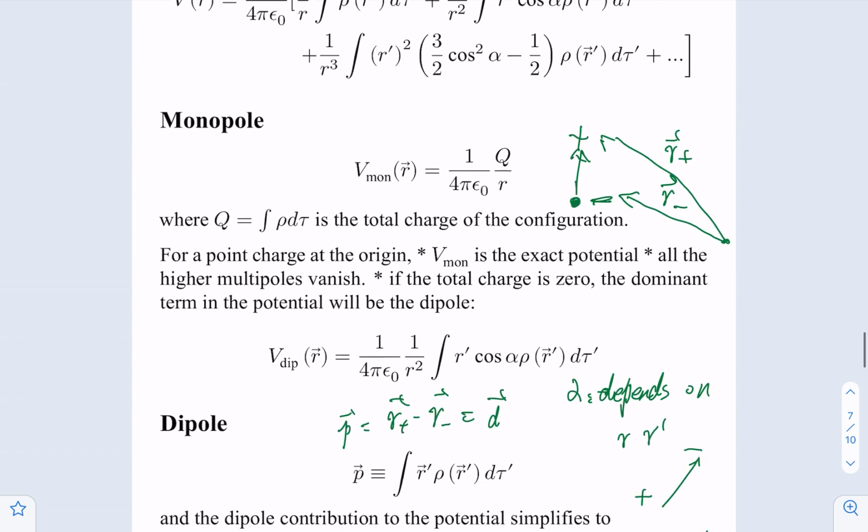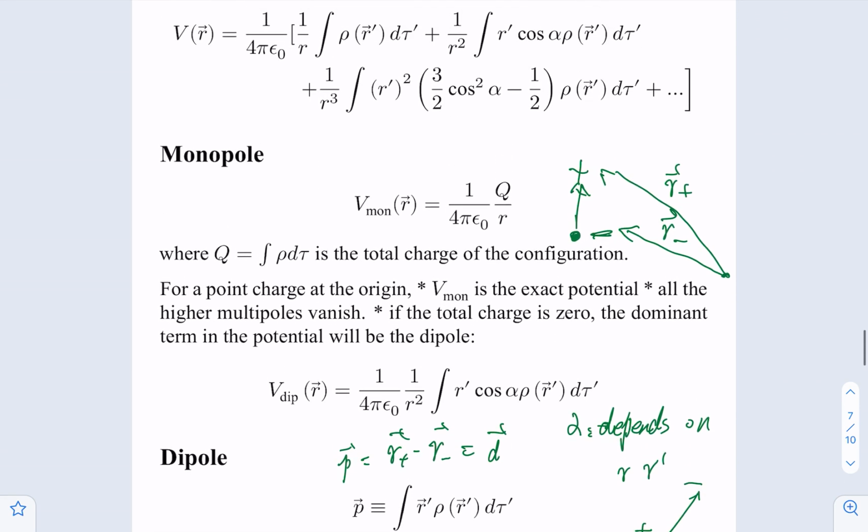So what I mean is that here for the first type, for the monopole term, we define this q as the monopole moment, and now our V monopole can be expressed compactly as q over r. This is simply the potential for a point charge.